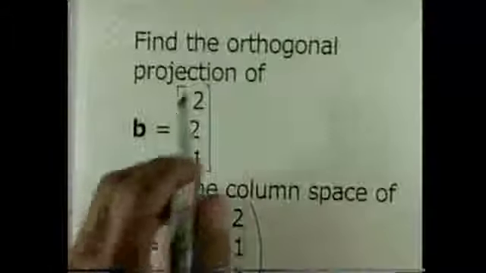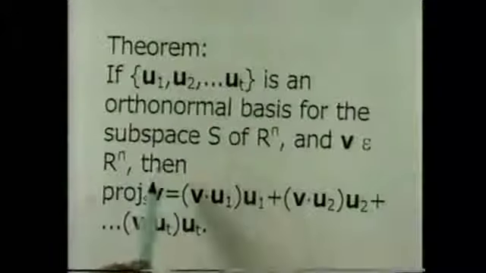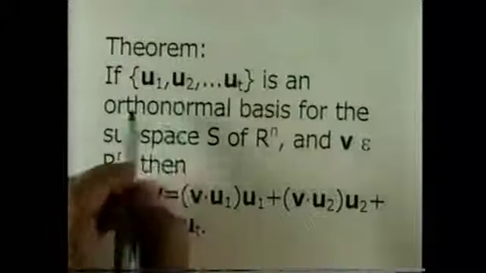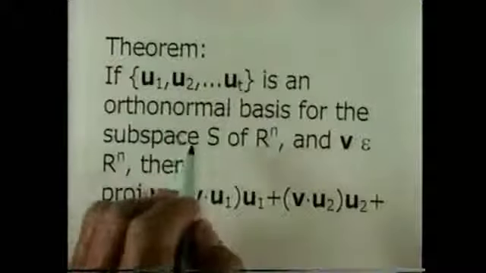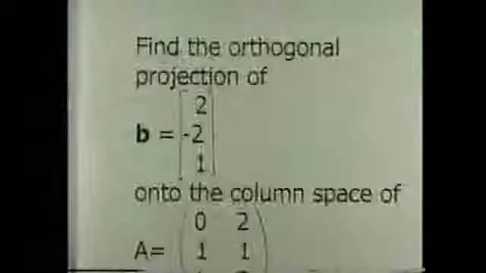Now, if we want to find the projection of B onto the column space, the first thing we've got to do is to make sure that we have an orthonormal basis for the subspace S of R to the n.